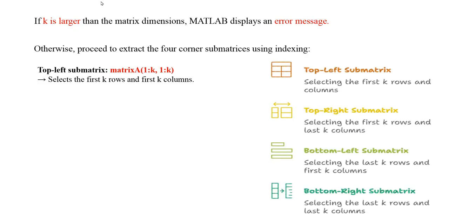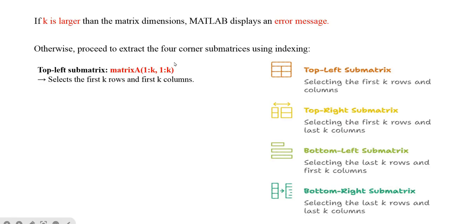The first is the top left submatrix, where we'll use the command matrix A, in round brackets, 1:k, 1:k. In the previous video, we used a 2 cross 2 matrix and did not enter any size, but here we are asking the user to enter the size.